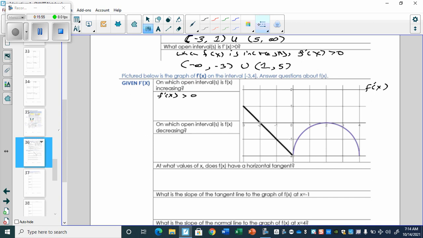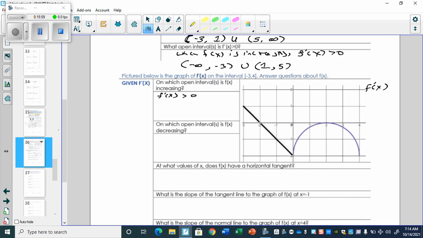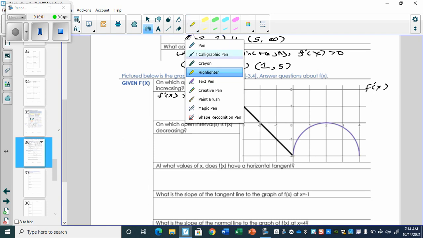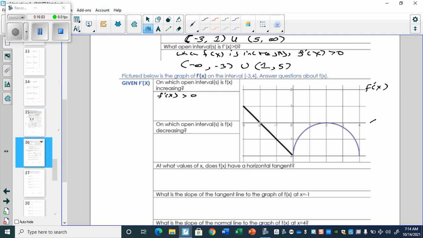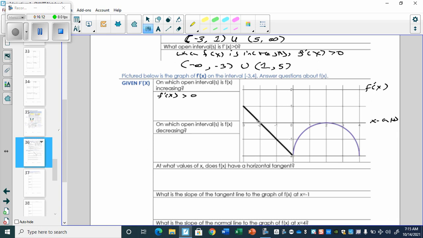So it looks like, wow, interesting. So if this is the x-axis, here's my x-axis, okay? And the only place where that could occur is right here.